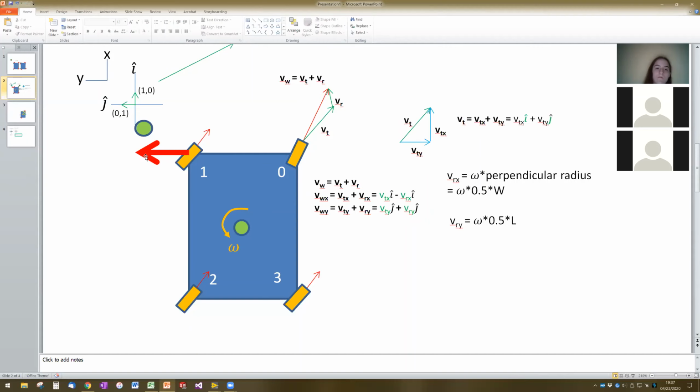Okay. Now there's also another difference here, which is that if we're looking at this vector on wheel module number 0, the distance that matters is the robot length divided by 2. Now, if we instead look at, let me see if I get this right. One second.